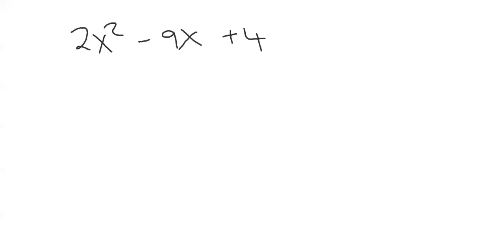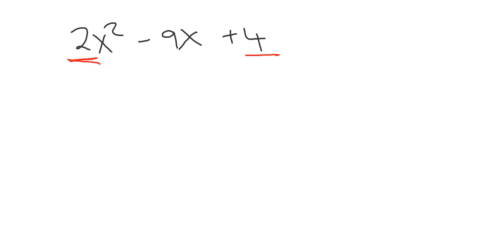I was saying the coefficient of x squared is a number greater than 1. So in that case, you are going to take that coefficient and multiply it by the last number. And you are going to look for two numbers that are going to give you the product.